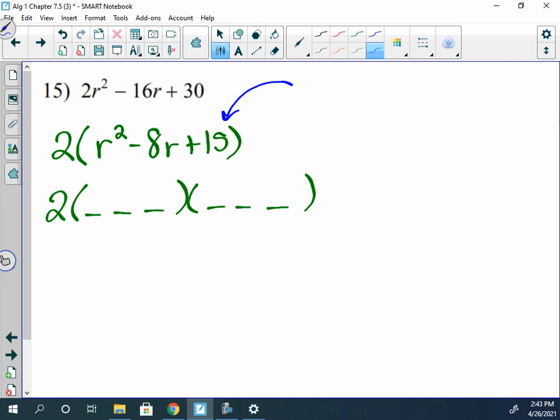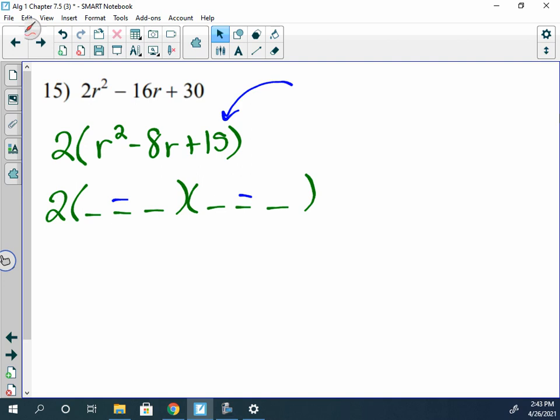So since it's positive, our signs are the same, and they match the sign of the middle term, which would be negative and negative. Because when that third term is positive, the signs are going to be the same and match whatever the middle term is. Because a negative times a negative gives us a positive.